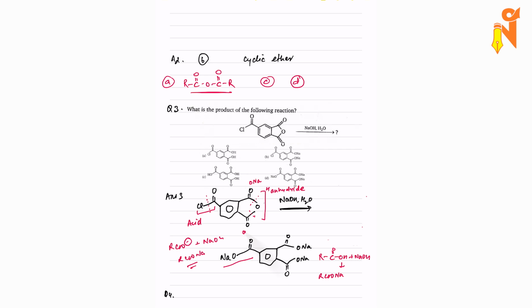Similarly, ONa over here and H over here. Similarly, ONa over here and, sorry, my bad, it is not cleaving here, it is displacement. So here you will get ONa instead of Cl. ONa is not coming directly; basically OH is forming and then it is further reacting with NaOH to form ONa. So this is your product D, this is your compound D.